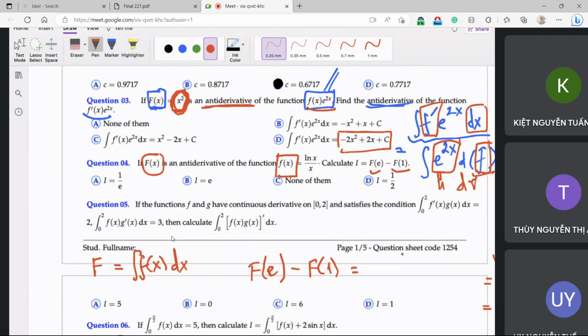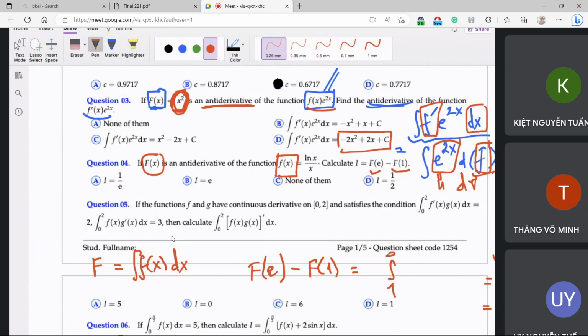What is it? It is the integral from what? It's the integral from 0 to 2. Why 0 to 2? Sorry, 1 to e.